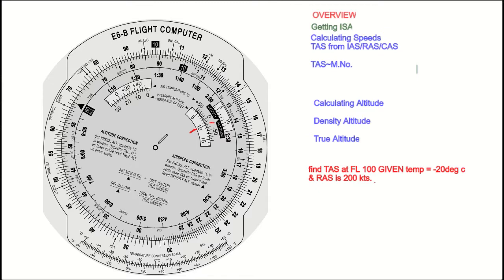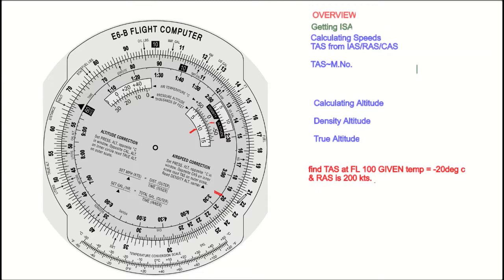All right, I have set the inner scale and now I'm ready to read. So what do I do now? I go to CAS on the inner side. CAS on the inner side is 200, is here, and I read this is 222, 1 2 3 4 5.